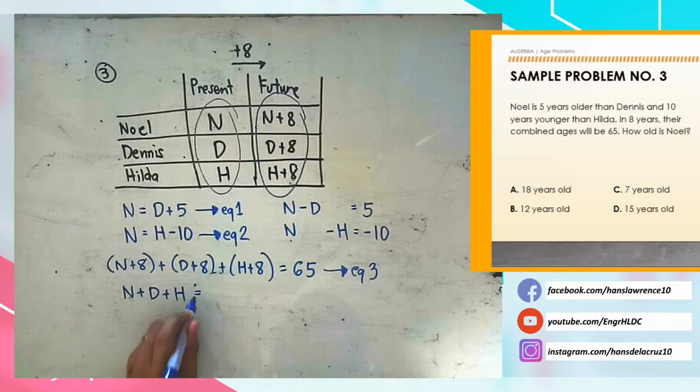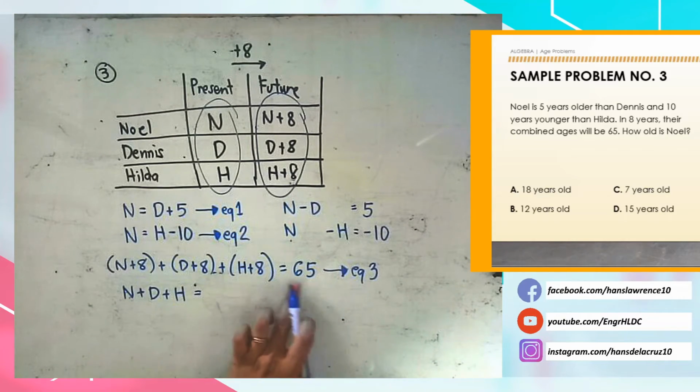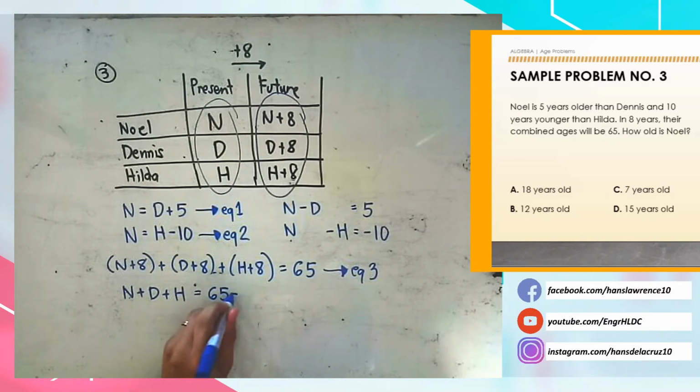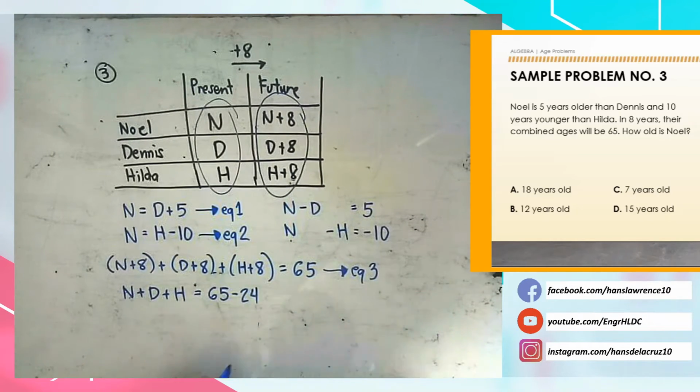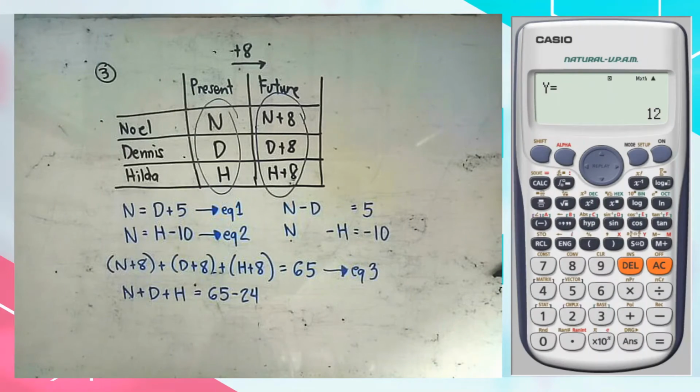equals 65 minus 8 plus 8 plus 8, so 24. 65 minus 24, how much is that? Let's just put 65 minus 24. Okay, so equations 1, 2, 3. I'll use a calculator for this, in mode 5 and then 2, for 3 equations, 3 unknowns.